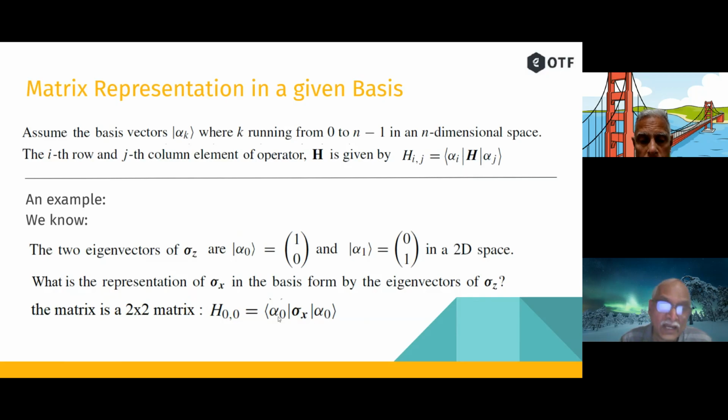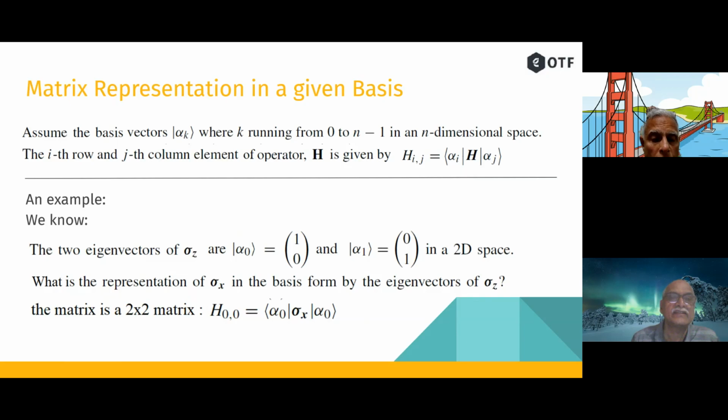So it will be bra alpha 0 sigma x ket alpha 0. So this will define my H00. What about H01? That will be alpha 0 sigma x alpha 1 over here on the ket side. This way I have all the 4 combinations.